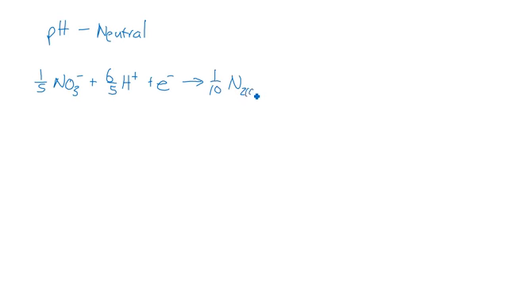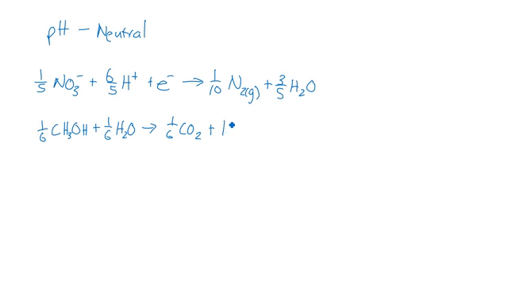And our accompanying oxidation reaction, we're going to use methanol for this. So we'll see this one a little bit later in our example problems as well. So that looks like 1/6 of methanol, CH3OH, and 1/6 of water. And that's going to go to 1/6 of CO2 and a proton and 1 electron.